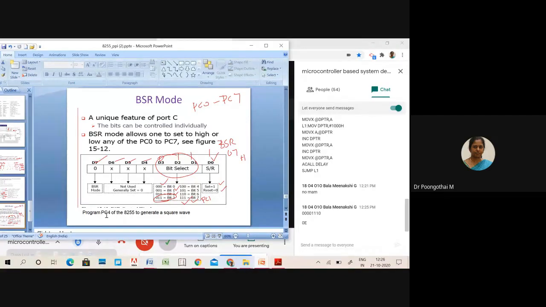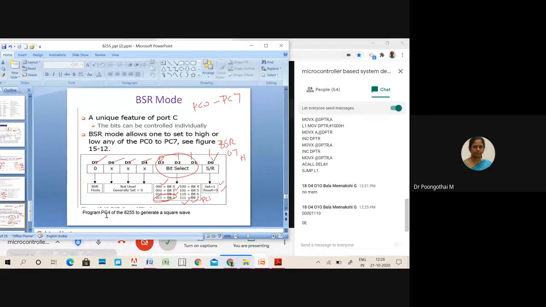Suppose I connect a switch or LED to a particular port bit; it can be enabled or disabled using this BSR mode. Single bit accessing: individual bits can be set or reset for control applications, either on or off.